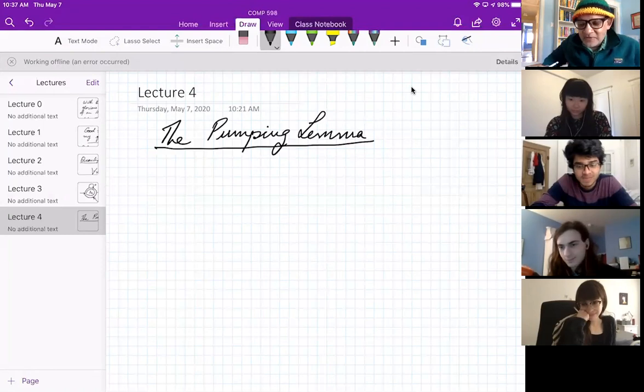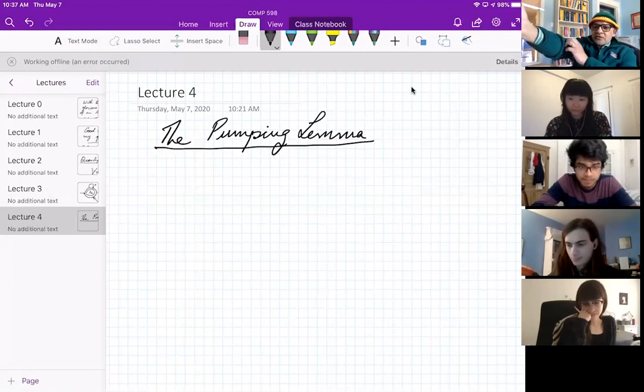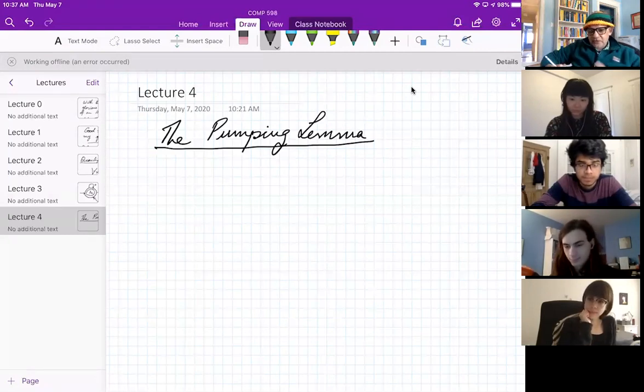I'm going to do the pumping lemma today, and then after the break, I'll get back to Kleene algebras. I have put up notes on the pumping lemma on the course web page. Two sets of notes.